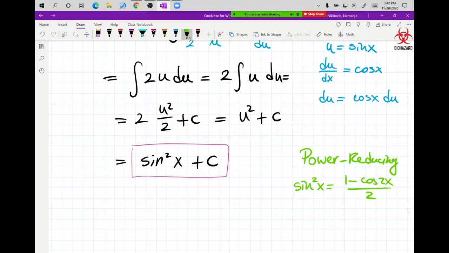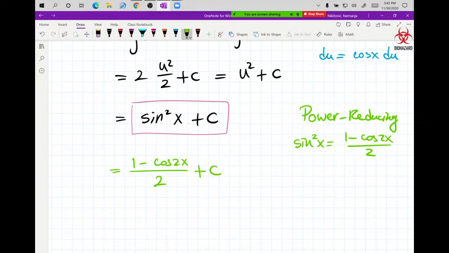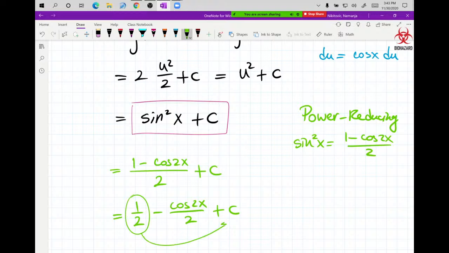So this answer is actually 1 minus cosine 2x over 2 plus c, and then you can break it apart into two fractions, and this 1/2 will be absorbed by c, and there you have it.